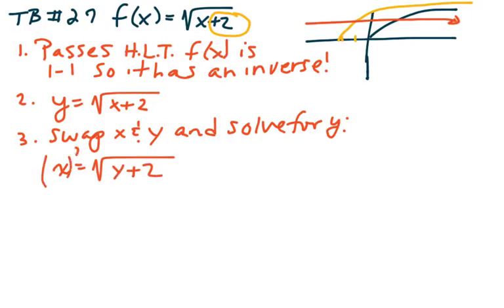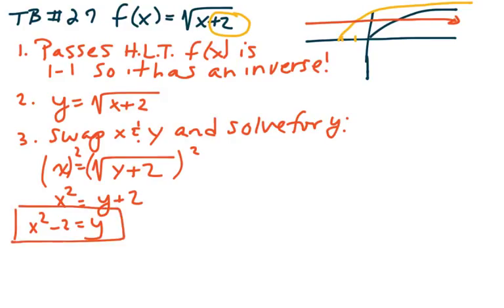You have to square both sides to get rid of the square root. So this is x squared equals y plus 2, and x squared minus 2 is equal to y. So this is indeed your inverse. So f inverse of x, which is your fourth step, is equal to x squared minus 2.